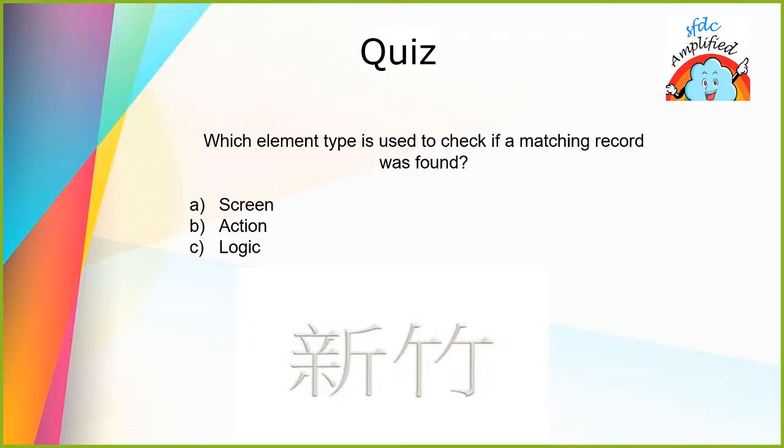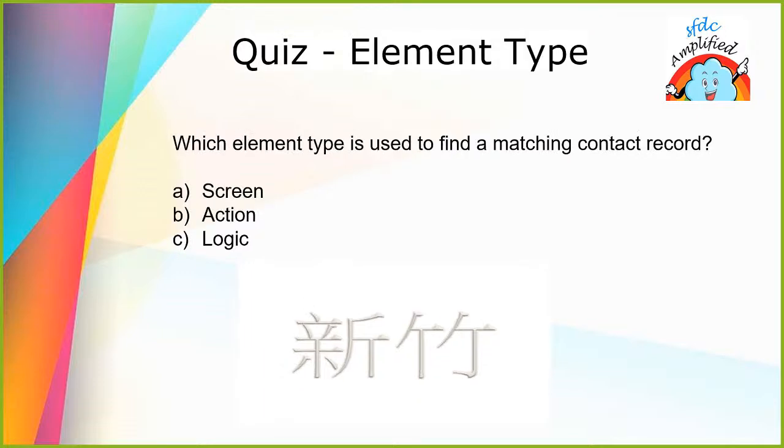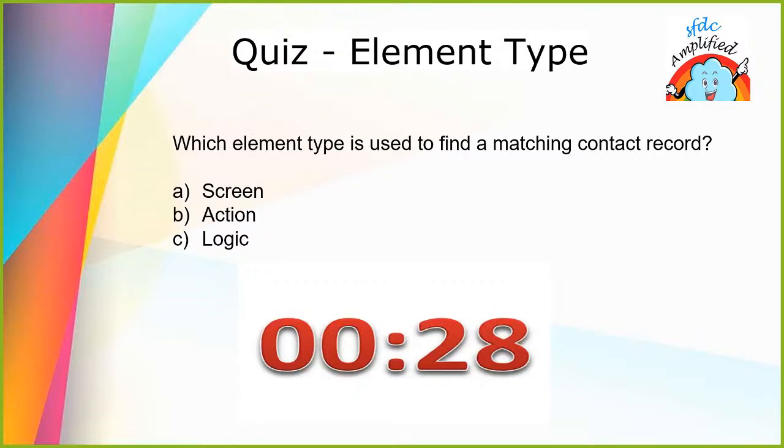Okay, guys, timer. So the answer is logic. Why? Which element type is used to check if a matching record is found? So if you want to check something, we will be applying the logic one. It's logic. So don't worry. One more question is coming up. I hope you make this right. So let's go. Which element type is used to find a matching contact record?